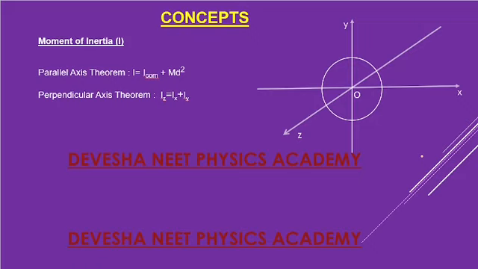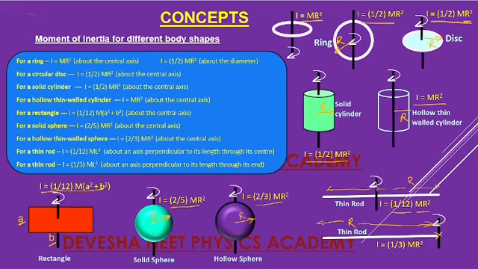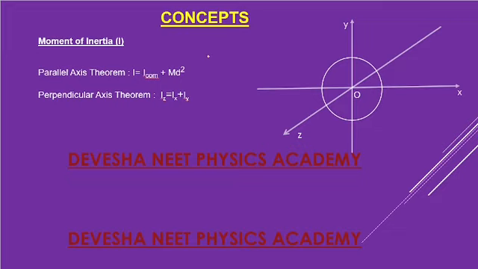Now we go to the next set of concepts. The one important concept which comes very often is the parallel axis theorem and the perpendicular axis theorem. Now, what does it mean? For example, for a ring we have I equal to mr square if the axis goes through the center and is perpendicular to the ring.